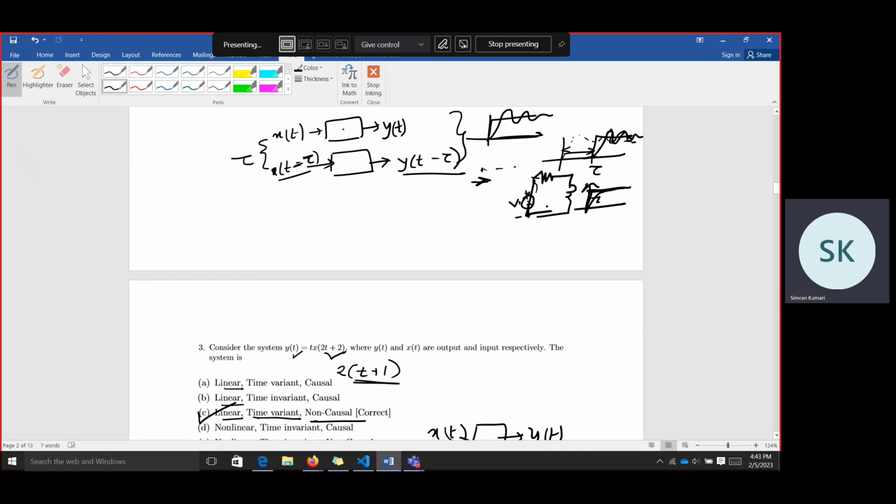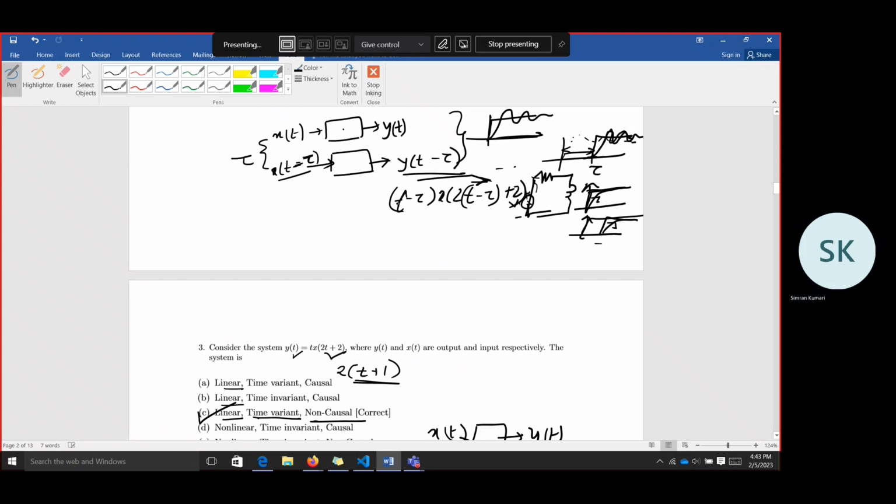Now after 2 days, 3 days, whatever time delay you give, if you again provide the same input, you will find the same type of output. This is a delayed version. This is the concept of time invariance. Mathematically, if we apply x(t minus tau), the output should be y(t minus tau). But for this example, y(t minus tau) is (t minus tau) x of 2(t minus tau) plus 2.